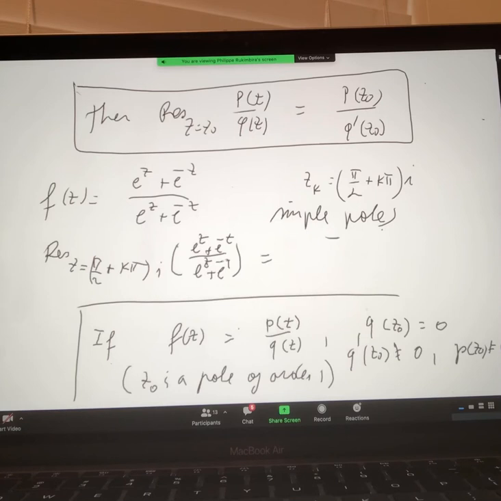This is going to be, so I need to read here. Tell me what I should put there. Is the numerator at this pole divided by the derivative evaluated at that pole. So what do we expect here? Let me use the z_k.